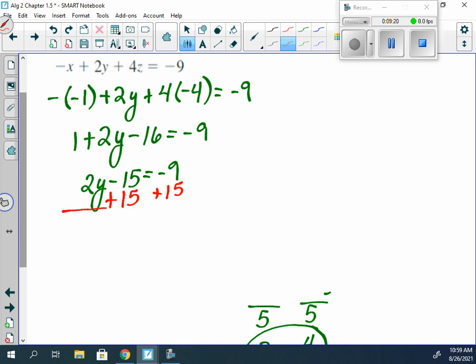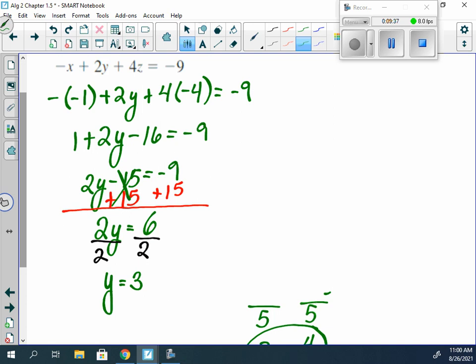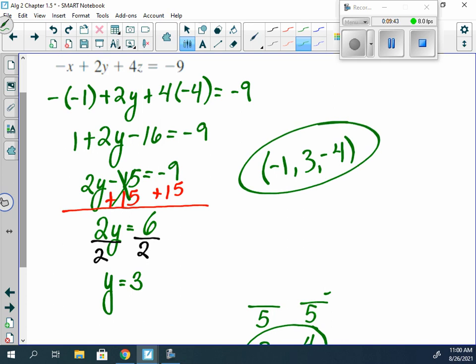At this point here, we can add 17 to both sides because those will cancel, telling us that 2y is equal to 6, which tells us y is equal to 3. So negative 1, 3, negative 4 is the solution for this system of linear equations.